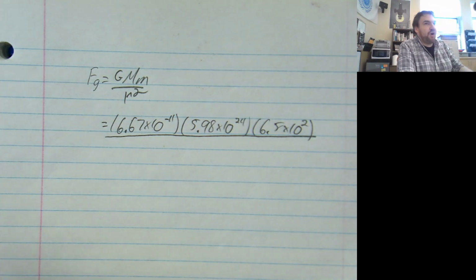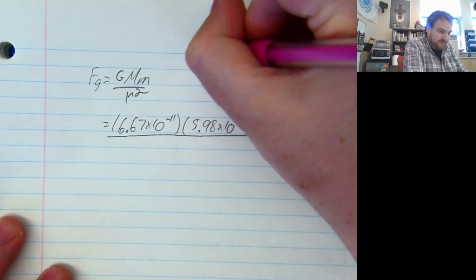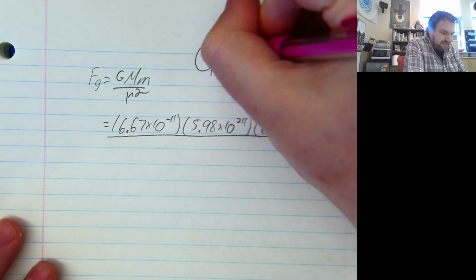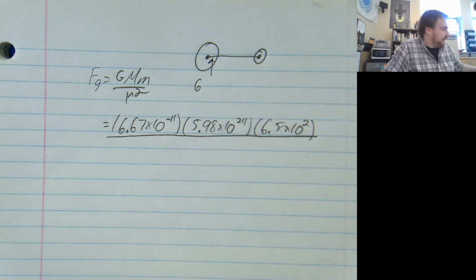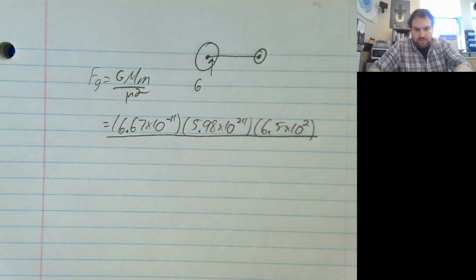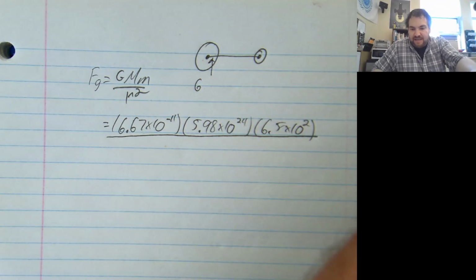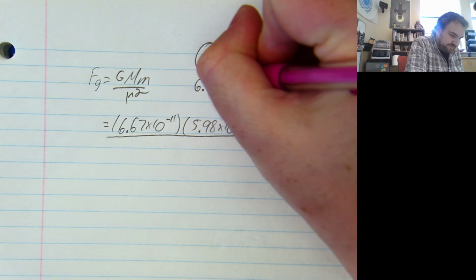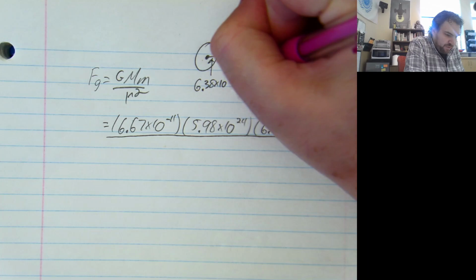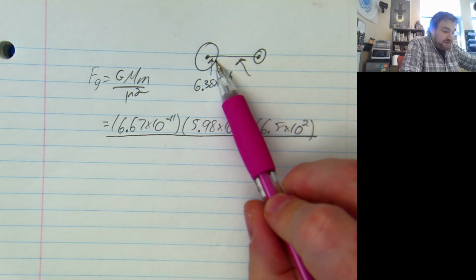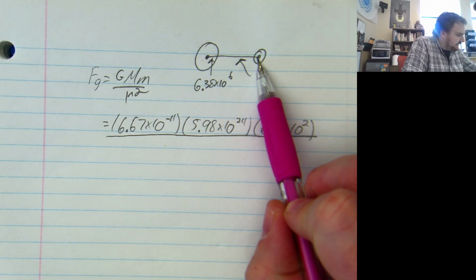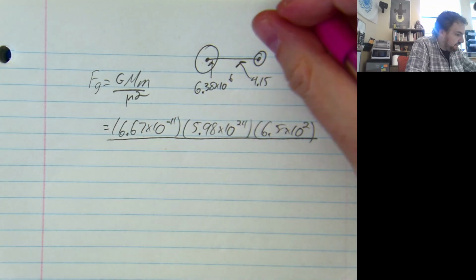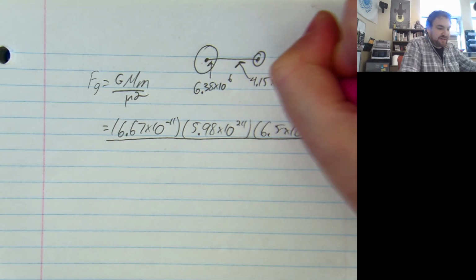R is, you've got to remember, the distance from the center of one object to the center of the other object. And we know the radius of Earth is 6, what is the number? Where's my formula sheet? Because that number's on there. 6.38 times 10 to the 6. We also know this distance here from the surface of the Earth to the center of our object is another 4.15 times 10 to the 6.